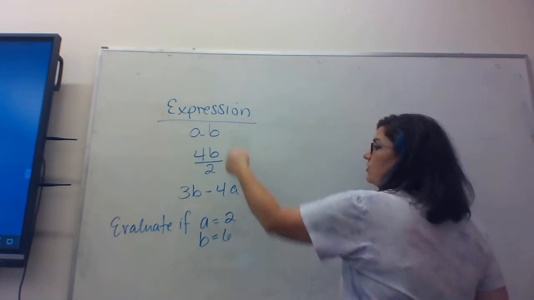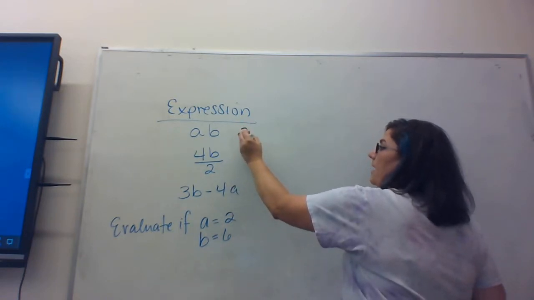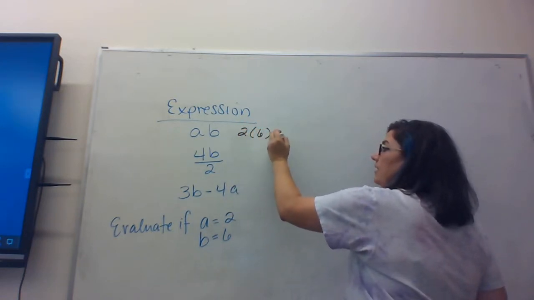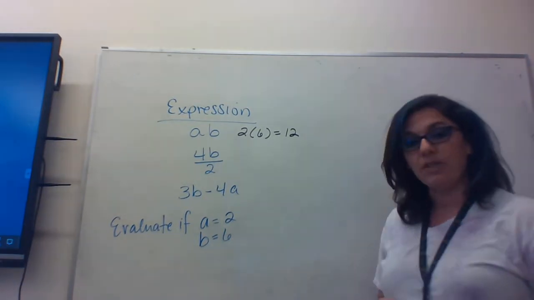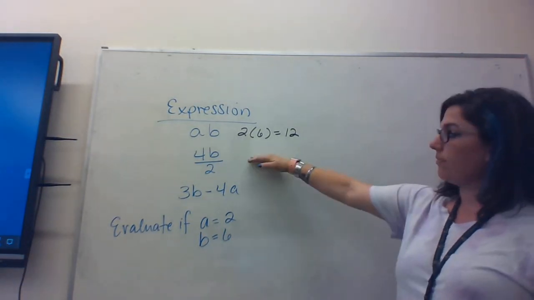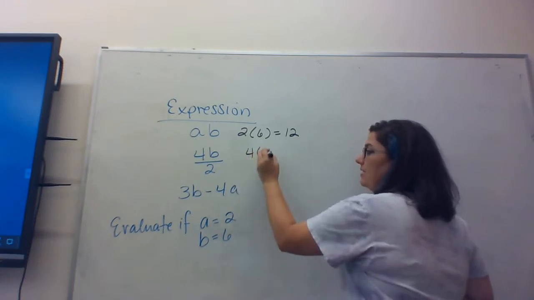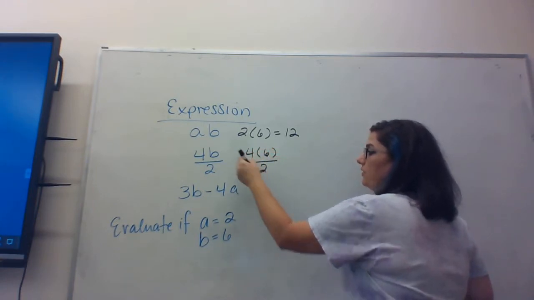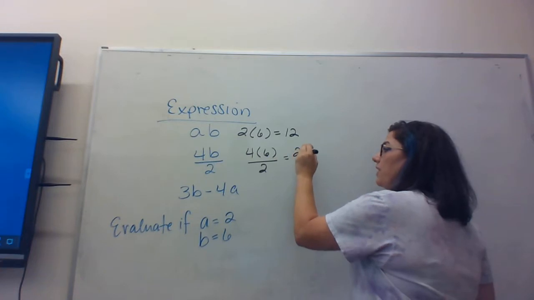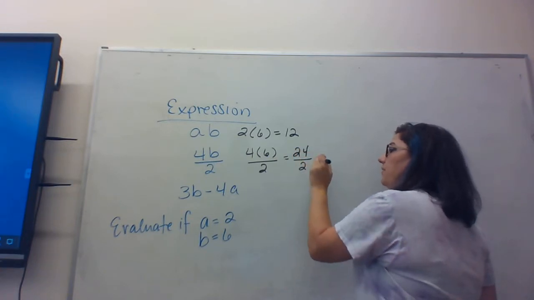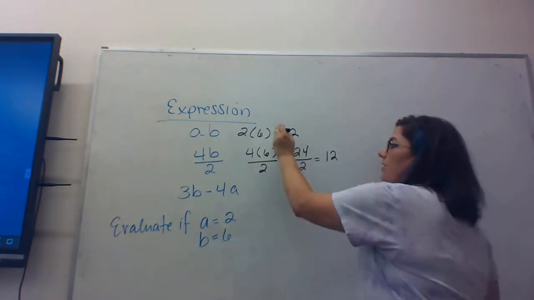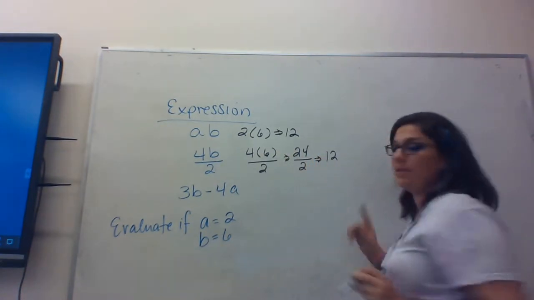So if A is 2 and B is 6, then I get 2 times 6, and the value of this would be 12. Next up would be 4 times B. Well, B is 6, divided by 2. So 4 times 6 is 24, divided by 2 gets me 12. And really, I should not be using equal signs.